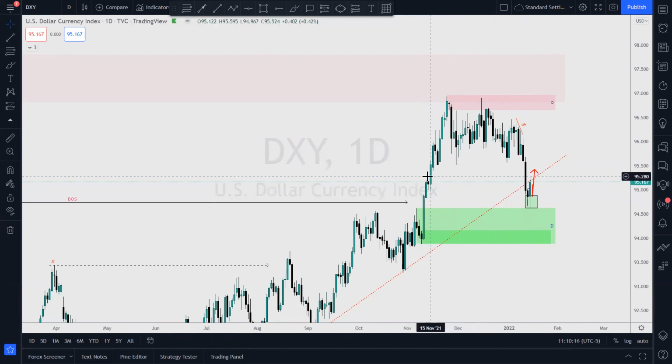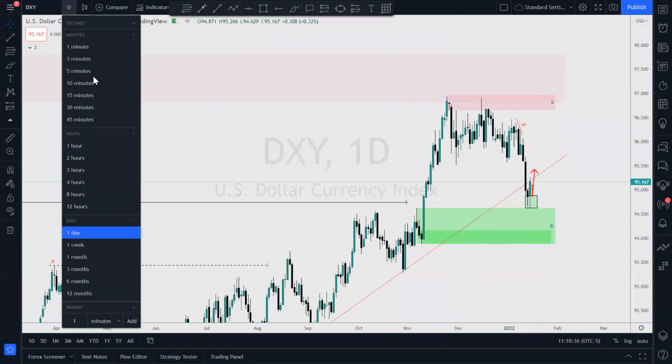We ran right past this bullish pattern. This is a continuation pattern, a bullish pattern, of course. And we have some inefficiency that price filled. This is a fair value gap that price filled to this demand zone.